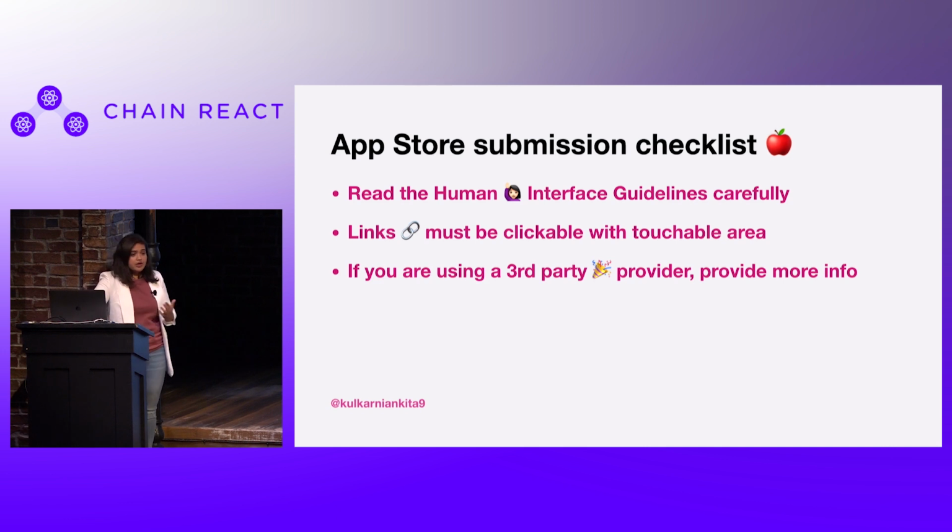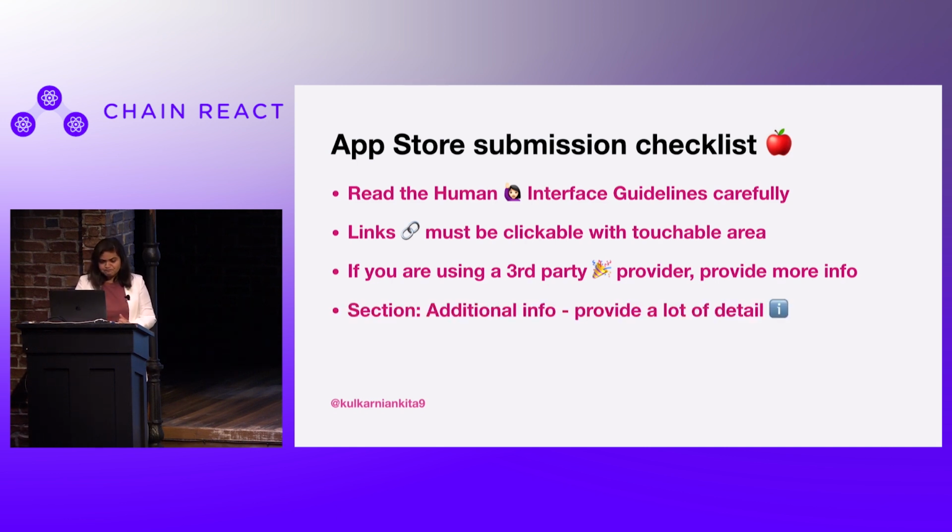But when they go on phones, depending on the screen size, it's just going to get complicated. If you're using a third-party provider, such as Google OAuth or Facebook OAuth, please provide more info in your App Store submission process. There's a section when you're submitting an app to the App Store for any sort of additional info that you can provide. Please, please, please provide lots of details, because the people who are testing it are just humans like us.